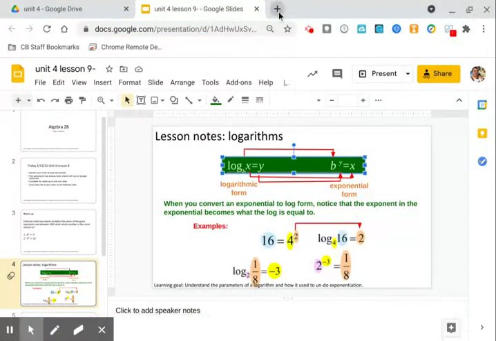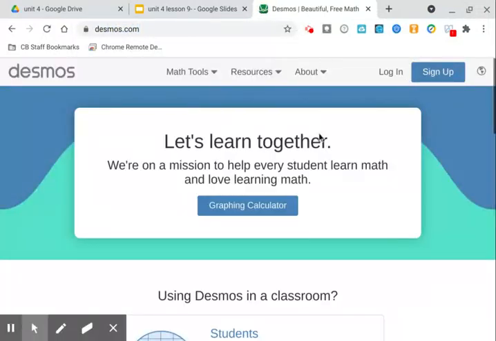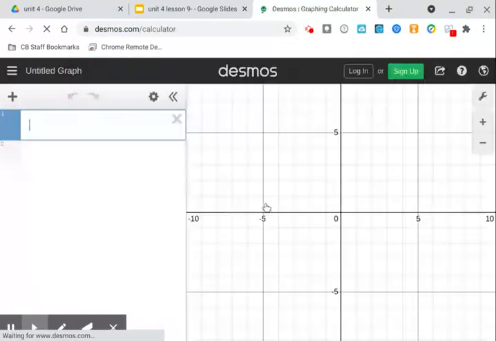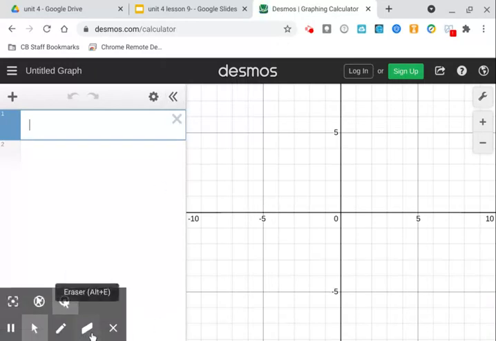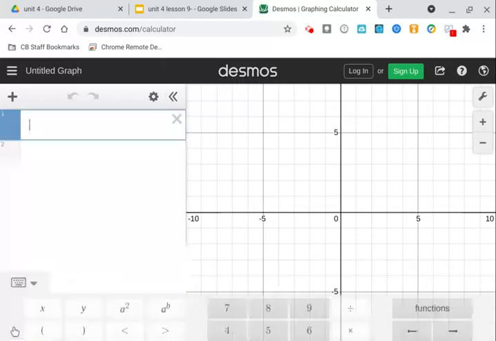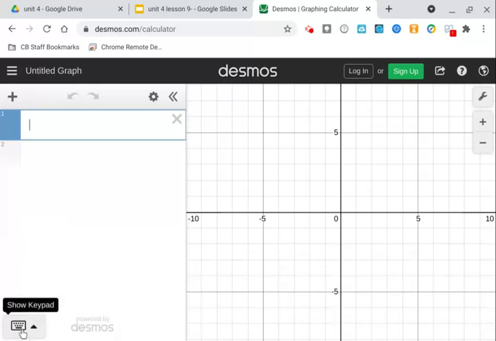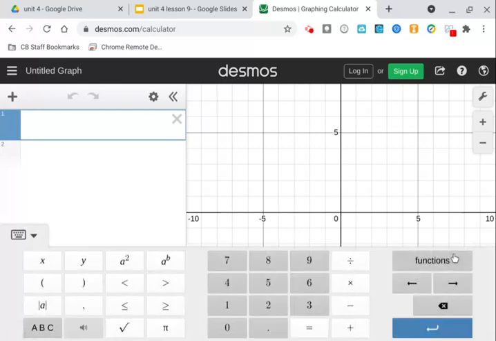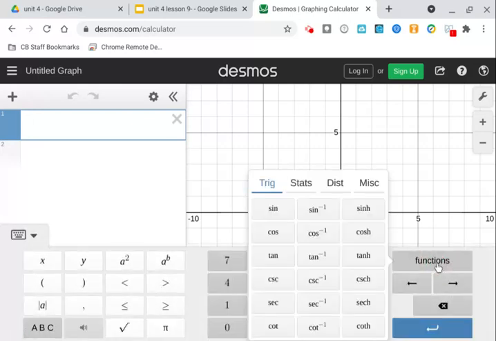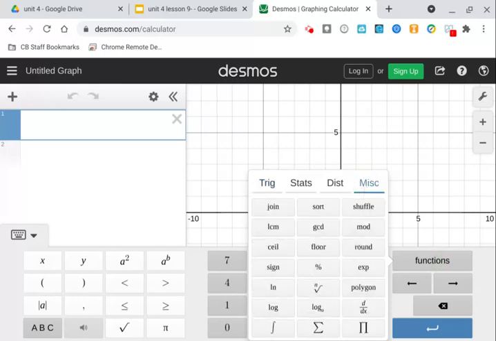So if we go to Desmos, we're going to go to functions. So you're going to show the keypad on Desmos, and you're going to go to functions, and go to miscellaneous.